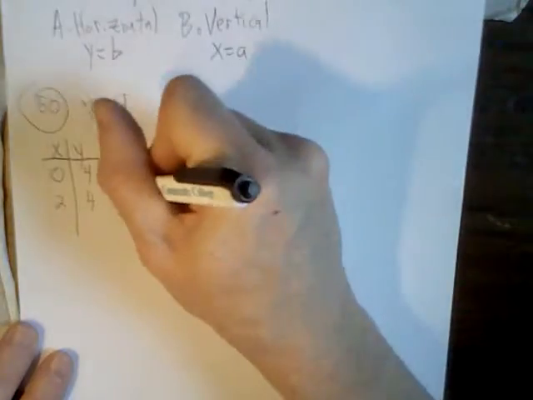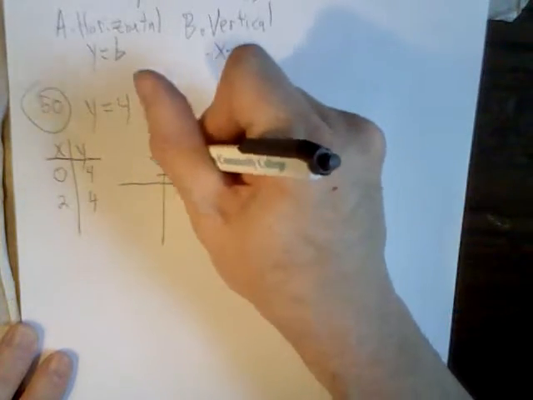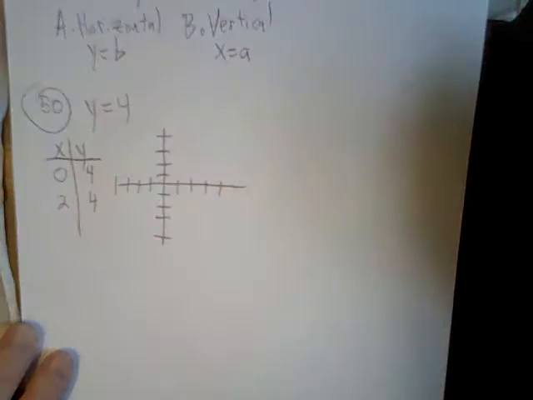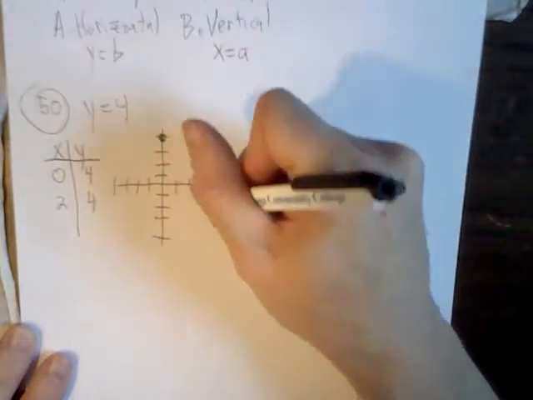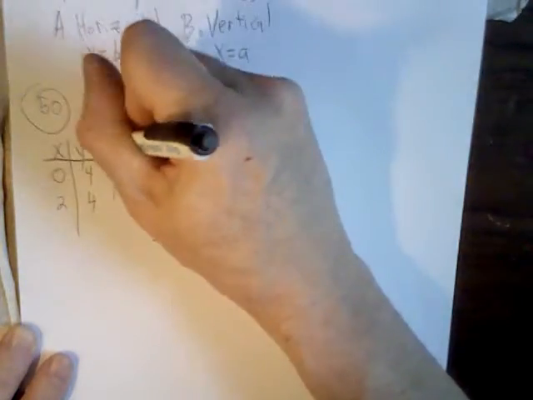Okay, and then you can go and graph the thing. So 0, 4 is here, 2, 4 is here, and then you connect your dots and you see, oh, I have a horizontal line.